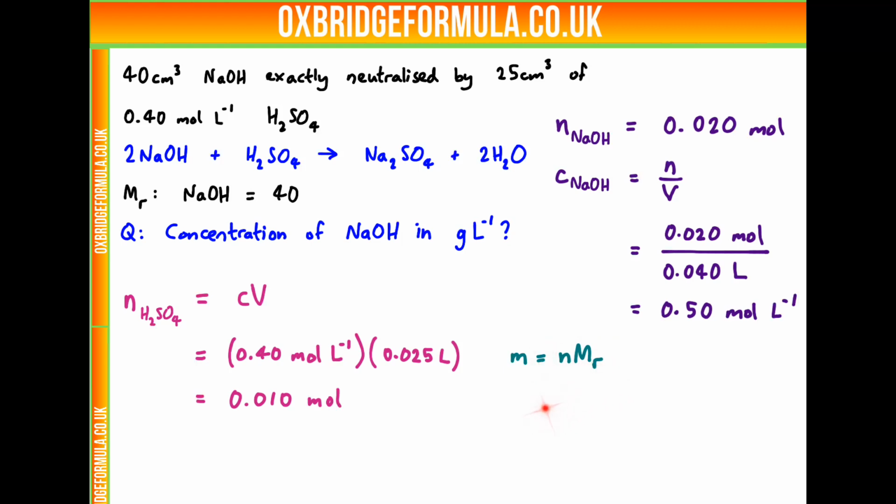So let's multiply 0.5 moles per litre by the relative molecular mass, that's 40 grams in 1 mole of sodium hydroxide. So 0.5 times 40 is 20, and that is our concentration of sodium hydroxide in grams per litre. So 20 is our final answer, which corresponds to A.